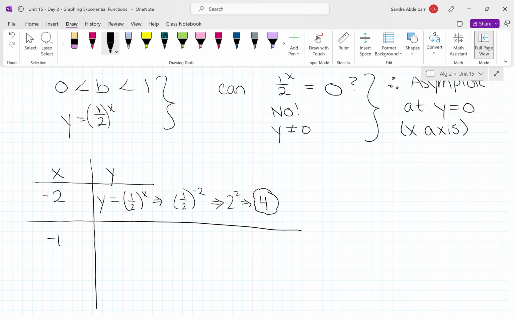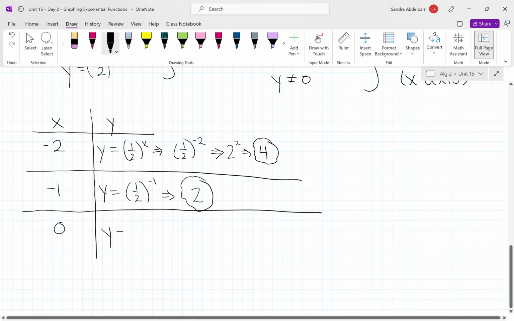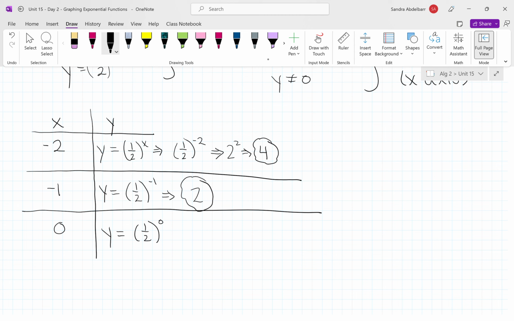Then we'll go on to -1. So I have y is equal to a half raised to the -1st power, which just gives us 2. Then we're going on to 0. Y is equal to a half raised to the 0 power. Anything to the 0 power is always 1.